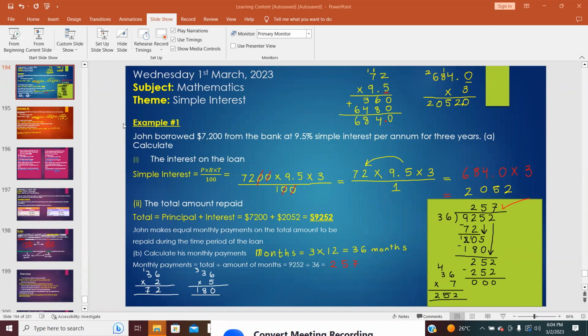Today we're going to begin with review. This is our final installation of simple interest. I think that we did a very good job with simple interest so far, and we are on the final day with simple interest.